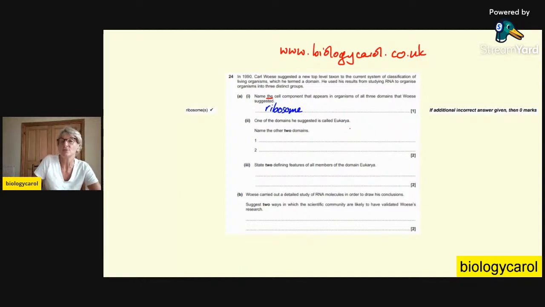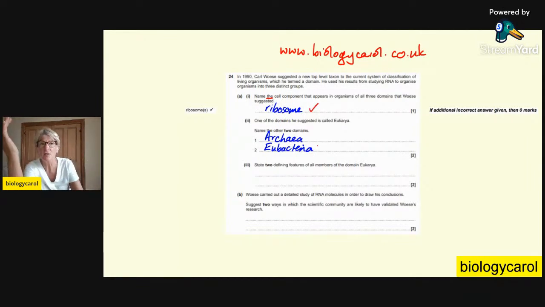One of the domains Woese suggested is called Eukarya, the eukaryotes. Name the other two domains. Well, the other two domains that are both prokaryotes are the Archaea and the Eubacteria. Eubacteria are the true bacteria, the ones that you think of when you learned that diagram at the beginning of AS.